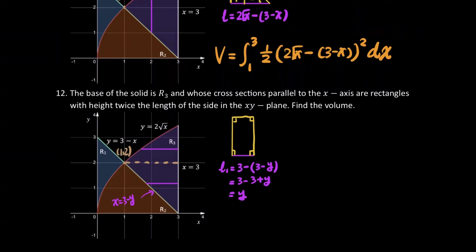Right, this is about communicating the process, right? If I just give you length number 1 is y, you're probably gonna ask, where did you get the y? Why is that y? But when I write 3 minus y, you know that I simplified that to get the y.